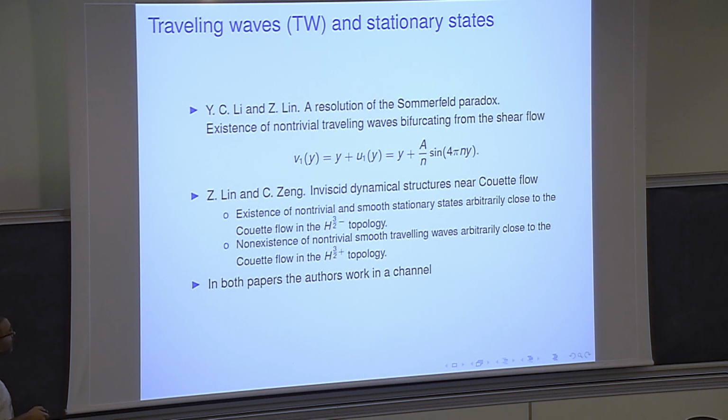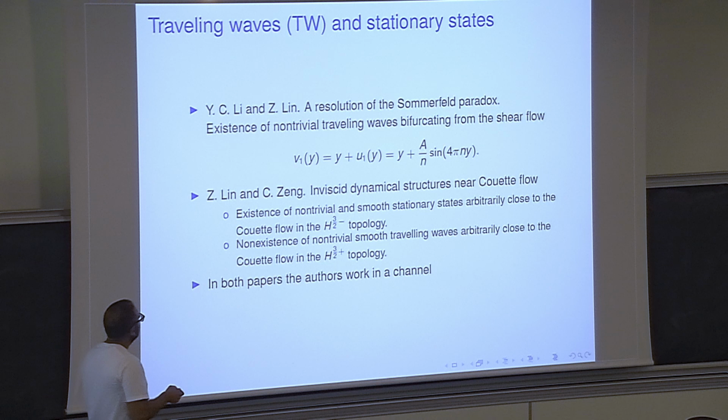So let me comment that they work in a periodic channel, with an upper and a lower boundary. And then Lin and Zeng prove the following result. They prove that there exist stationary states arbitrarily close to the Couette flow in the H3/2 minus topology. Here, 3/2 minus means that given an epsilon, I can find stationary states as close as you want to the Couette flow in the space H3/2 minus epsilon, for any epsilon bigger than 0.